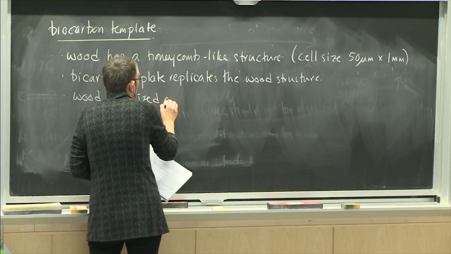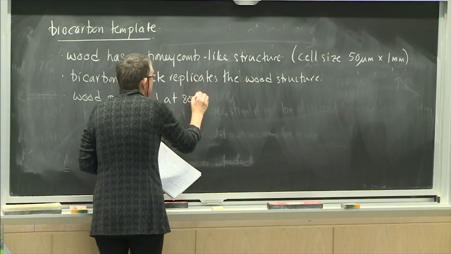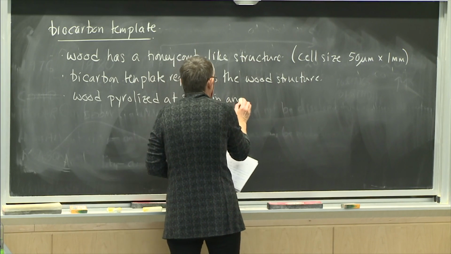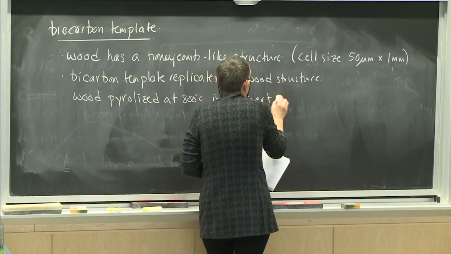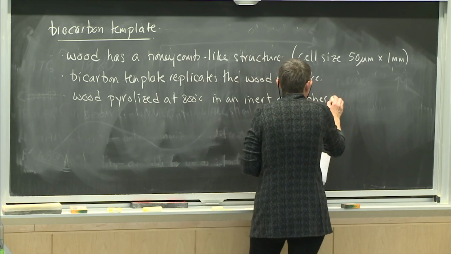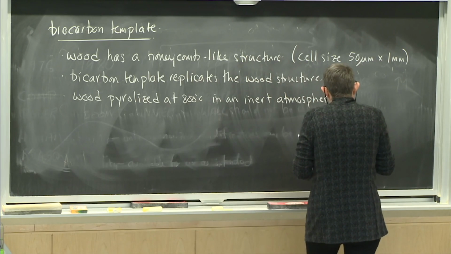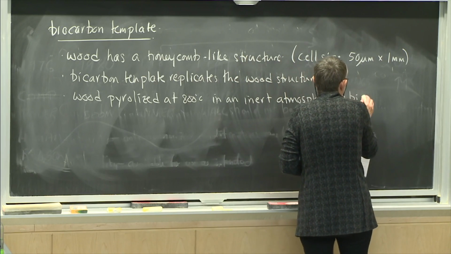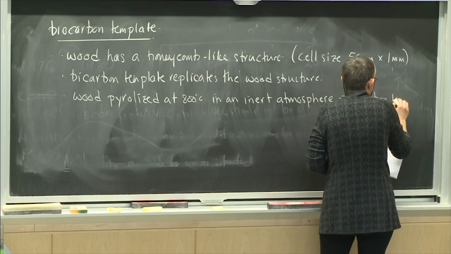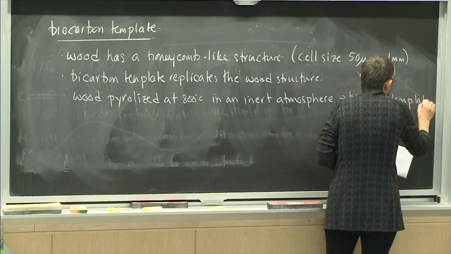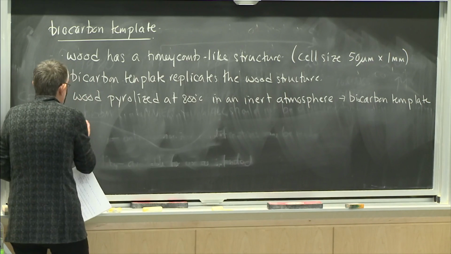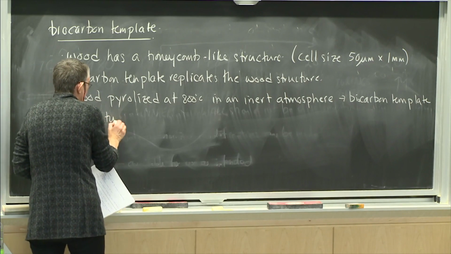So the wood is pyrolyzed at 800 degrees C in an inert atmosphere, say an inert gas. That gives you the biocarbon template, and you maintain the structure, although there's some shrinkage.